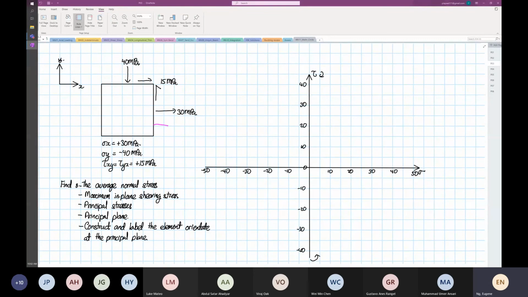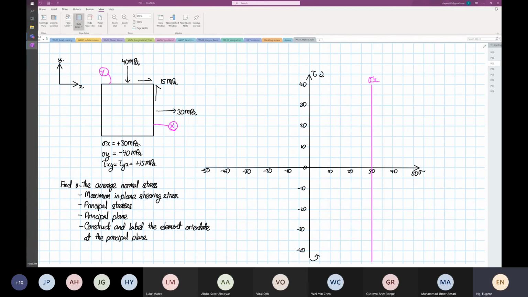So over here, we label this our point X. Over here, this is our point Y. Okay, so we have 30, our 30 line. Right, so this is our stress X line. And then we have our 40.